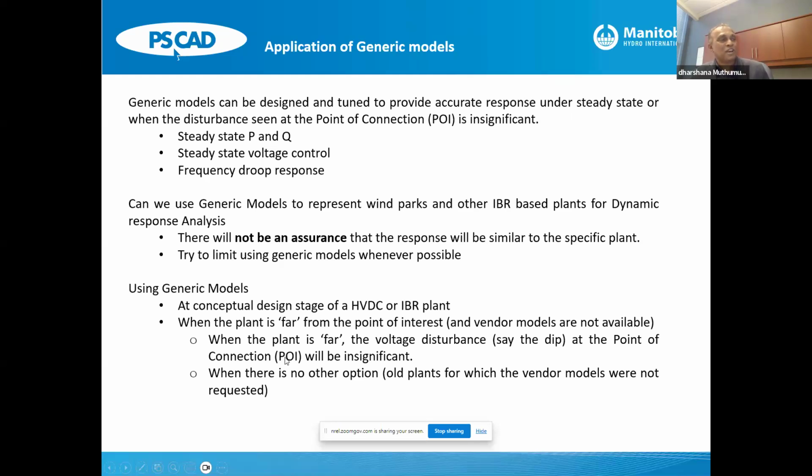If the plant for which you are using a generic model is relatively far from the point of your study, the point where you apply the fault, obviously the generic model could be sufficient.